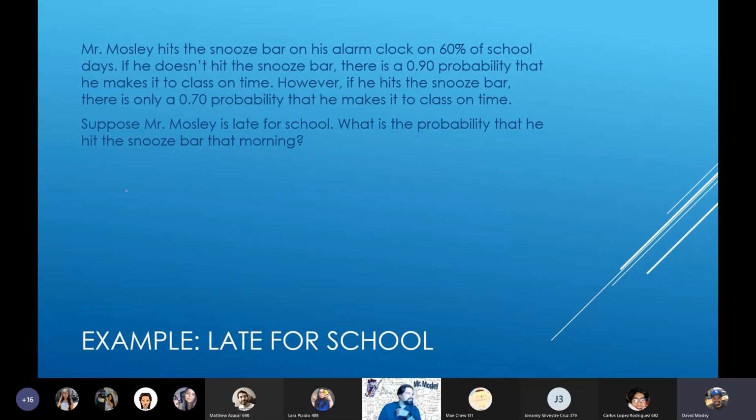So we already know the probability of being late, which we just found was 0.22. This question is asking what's the probability that I hit snooze given that I was late.